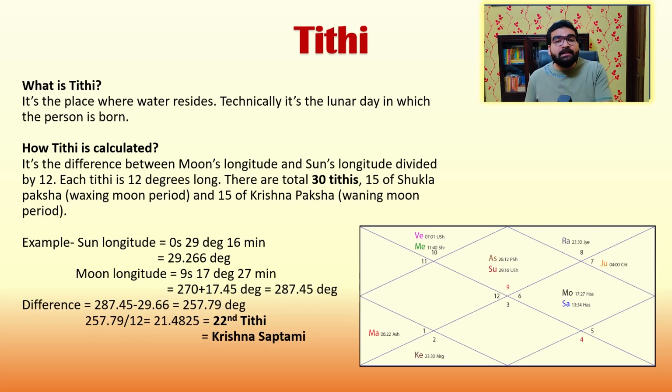The 22nd Tithi means 15 days of the waxing moon period, Shukla Paksha, are gone, and the 7th day in the Krishna Paksha is going on. So the person is born in the waning moon period, Krishna Paksha, Saptami Tithi, the 7th lunar day. This is how it is calculated.